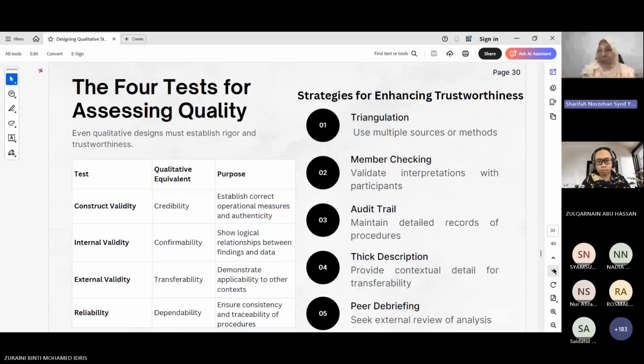One thing, like I mentioned earlier about triangulation. For qualitative, I'm not going to talk about methodological triangulation, but about multiple sources of information that you can use for triangulation. You must make sure that one particular data that you have can be supported by another data.